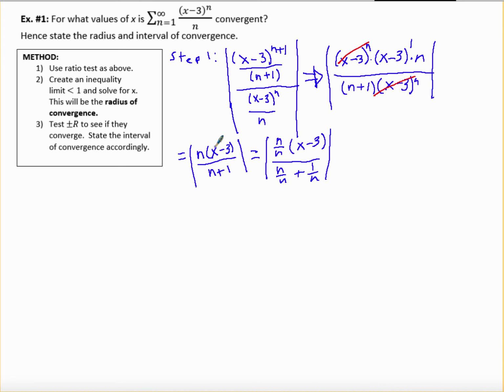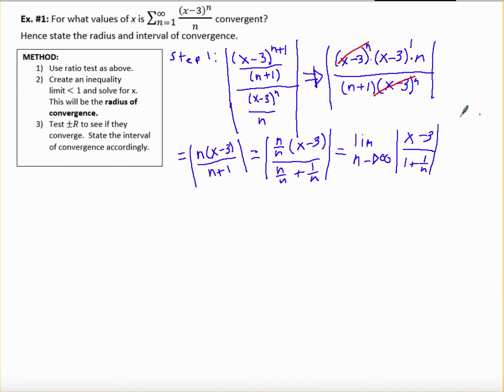I could use the distributive property here and then divide both terms by n, and that would work. But don't you see how it's exactly the same thing as having it factored out in the front here? It's kind of the way that the multiplication works. So I can simplify this, and I'm going to take the limit as n approaches infinity of, well, these will cancel out, leaving me with x minus 3 on top, and down below with 1 plus 1 divided by n.